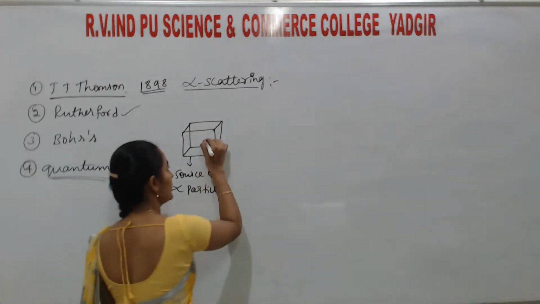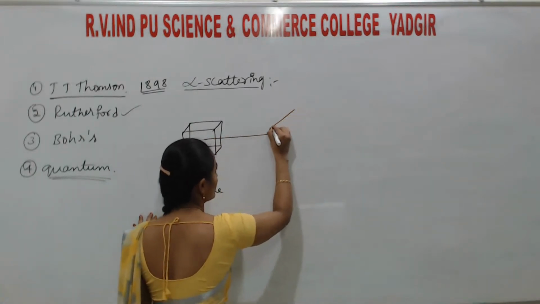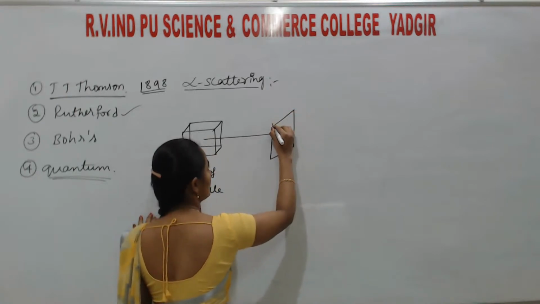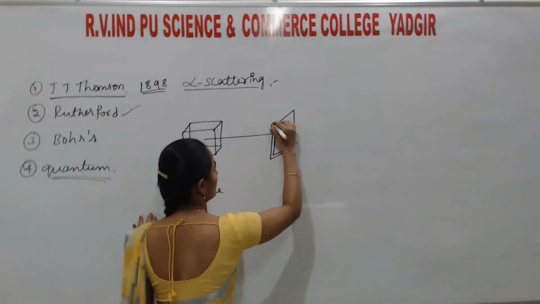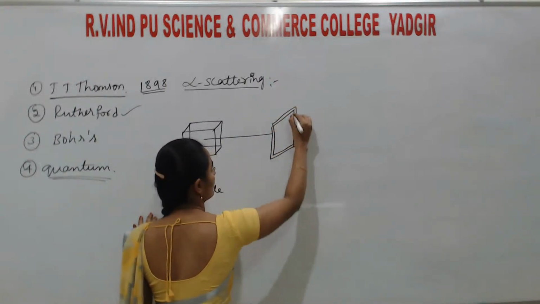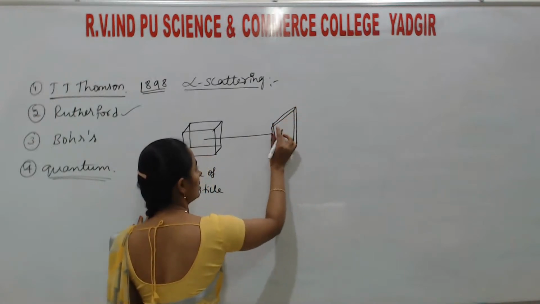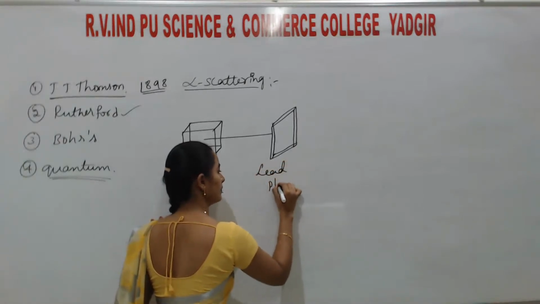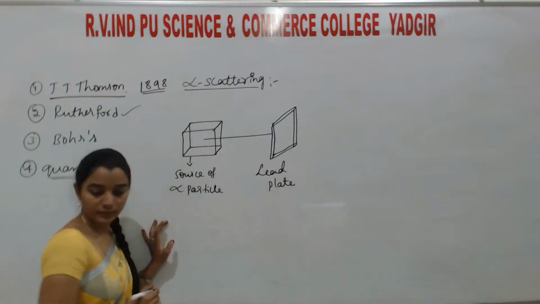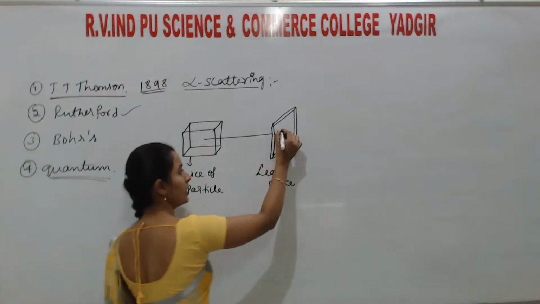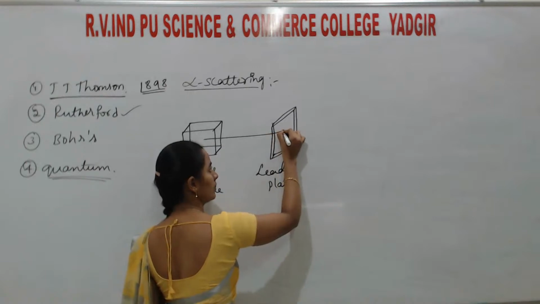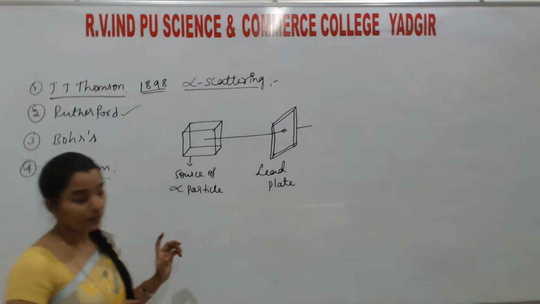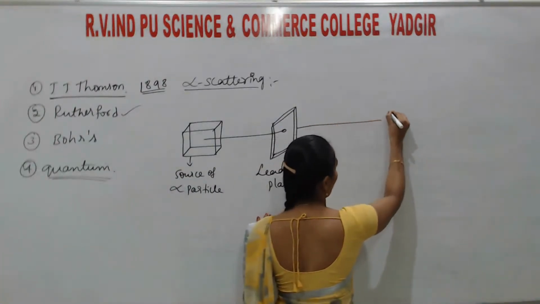These alpha particles are passed through this lead plate, in which a hole is made. Okay, so this lead plate falls on the gold foil.